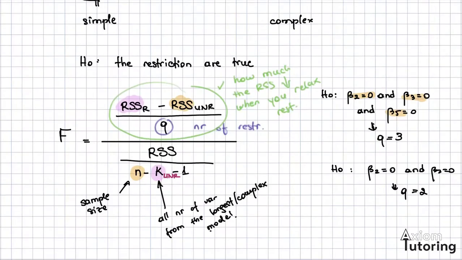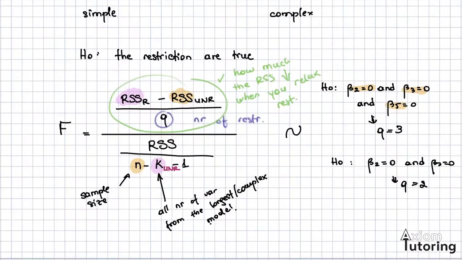This test statistic is going to again have an F distribution, and the degrees of freedom will be Q for the first one and N minus K minus 1 for the second one.